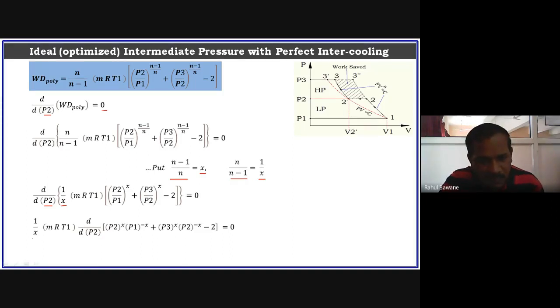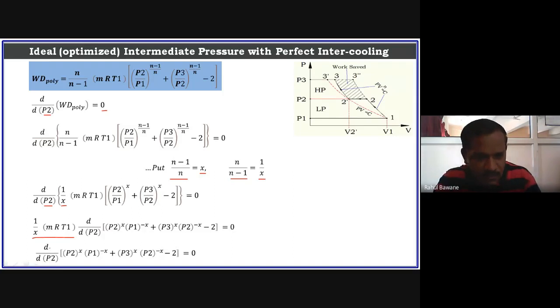Now imagine if I shift this term to the right hand side, it becomes 0, because 0 multiplied by the whole term is 0. So what is the final? It is d by d P2 of this whole bracket.